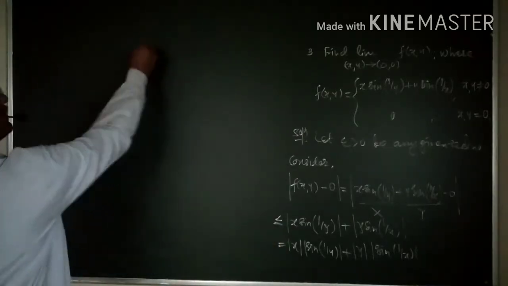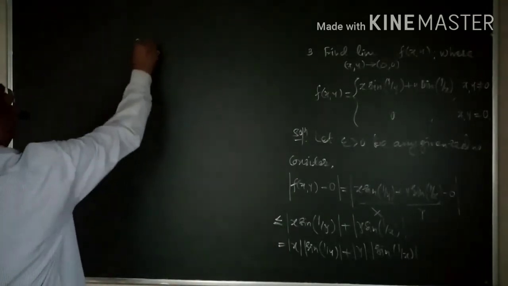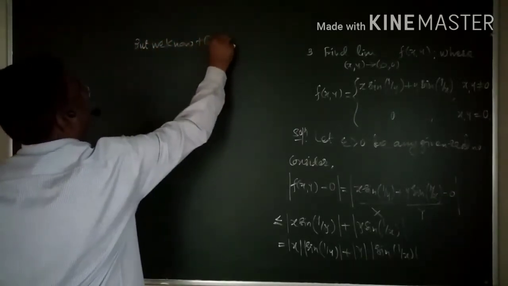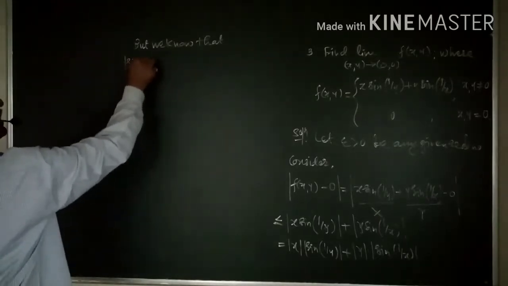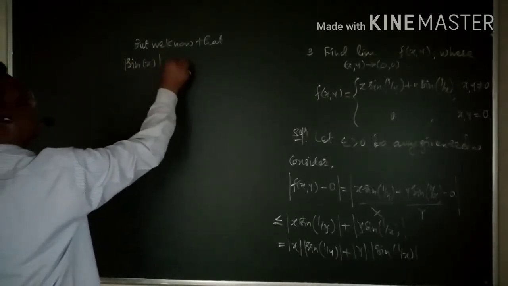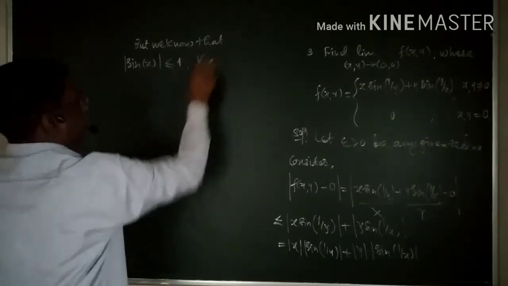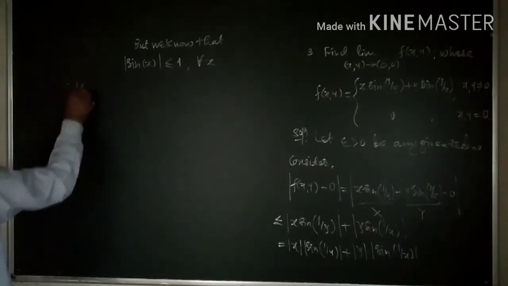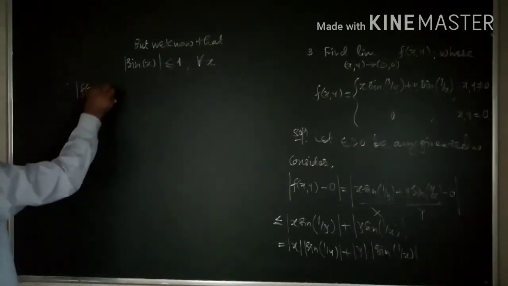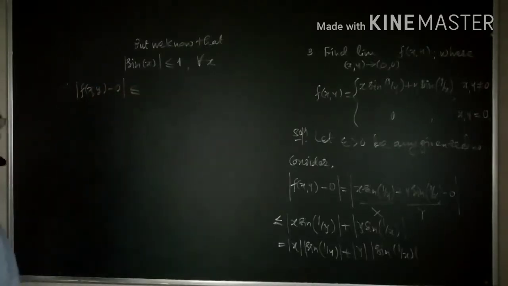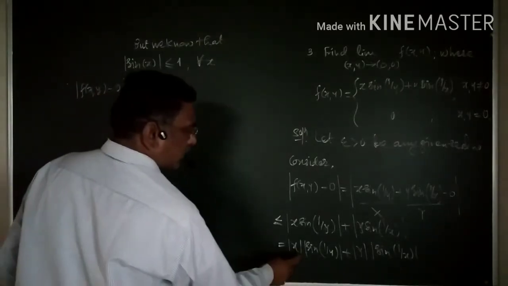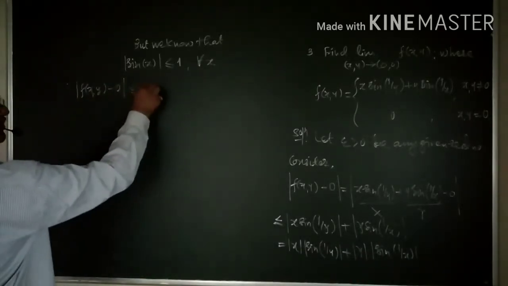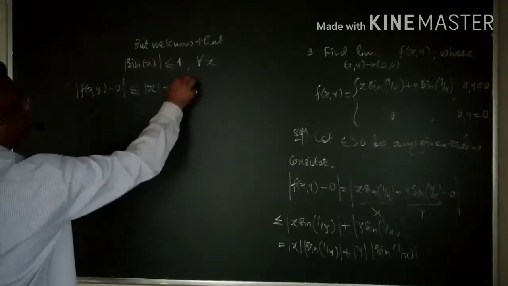But we know that absolute value of sine x is less than or equal to 1 for every x, and therefore absolute value of f of x comma y minus 0 is less than or equal to, since this is 1 and this is again 1, absolute value of x plus absolute value of y.